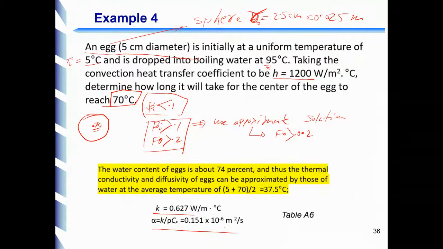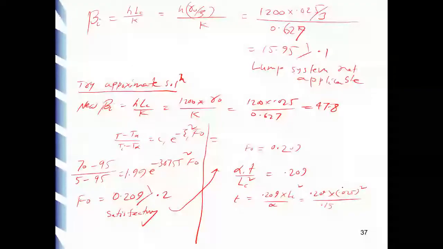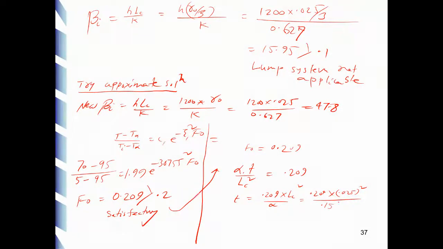Alpha equal to 0.151 times 10 to the power minus 6 meters squared per second.